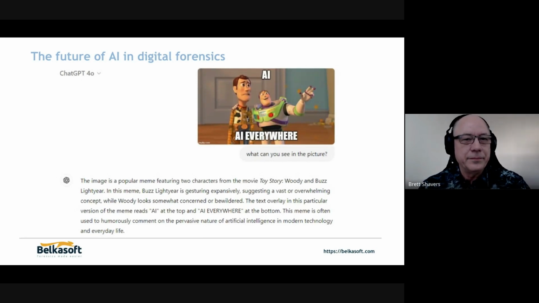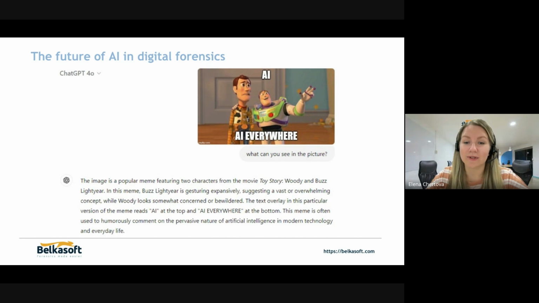Yeah, and this will require the implementation of multimodal AI. Now we are dealing with just a large language model, but in this slide you can see how well ChatGPT could describe the picture that I gave it.